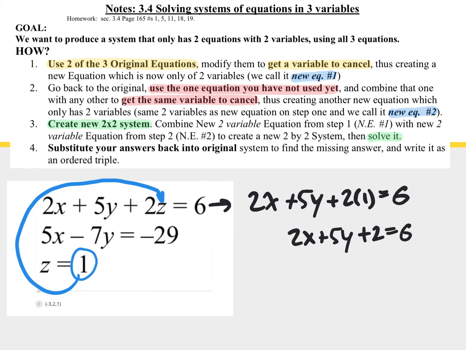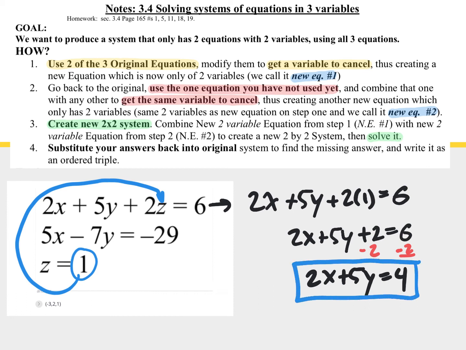So let's move that 2 over to the other side. And we will have 2x plus 5y equals 4. Now, ladies and gentlemen, that is an equation that only has two variables, right? It only has x's and y's. You could call this, if you want, new equation 1, even though we're not going through the actual steps. We produced an equation that only has two variables.